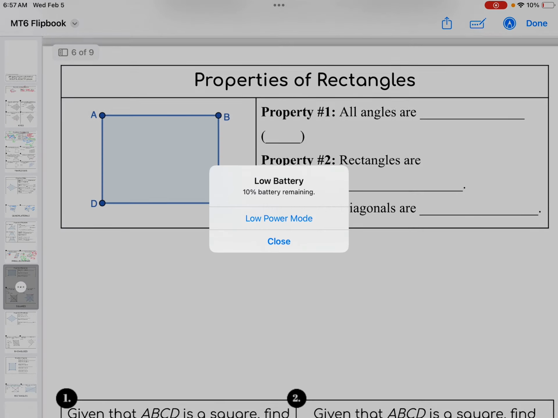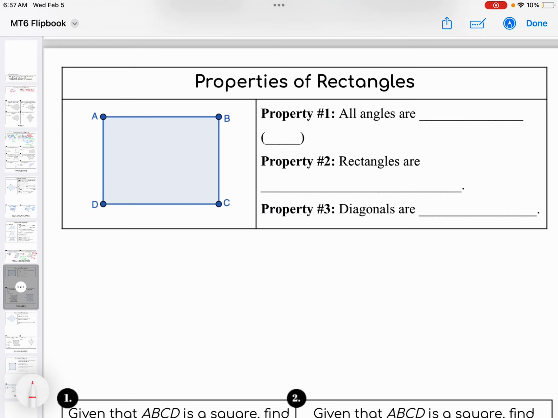Okay, so in a rectangle, you know a couple of things. You know that you have right angles in every angle of a rectangle. So all of those angles are congruent, also known as being right angles. So we know that they're 90 degrees.